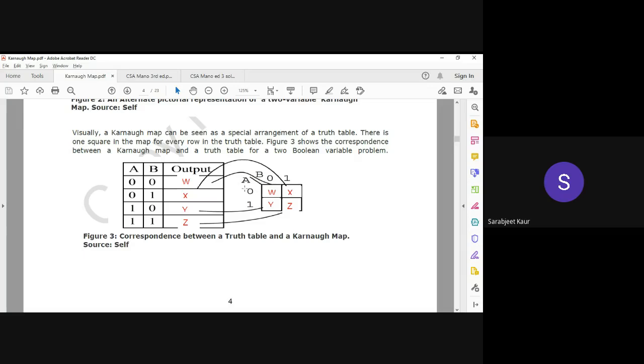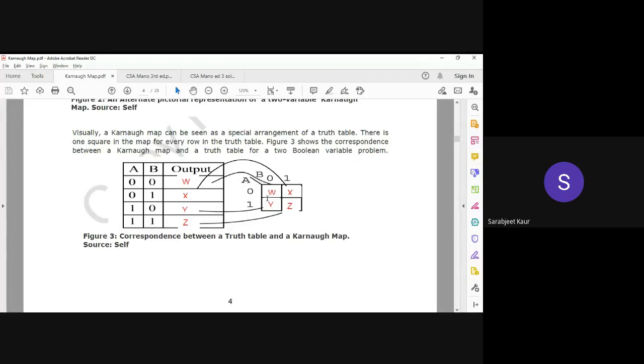On this side, we take the first Boolean variable, let's say A in this case, and here we take B. Now, for each of these input combinations, we have a corresponding cell.